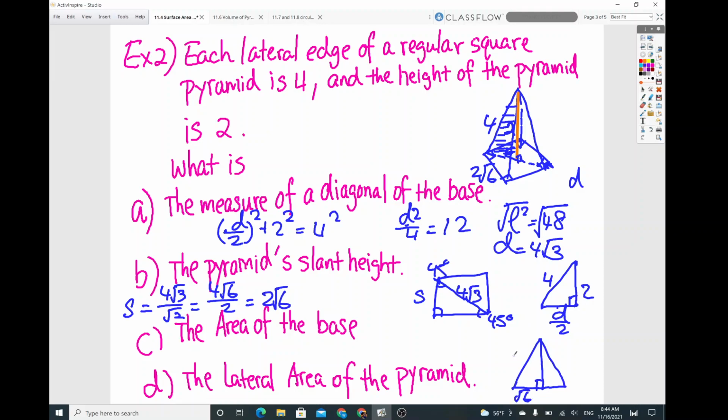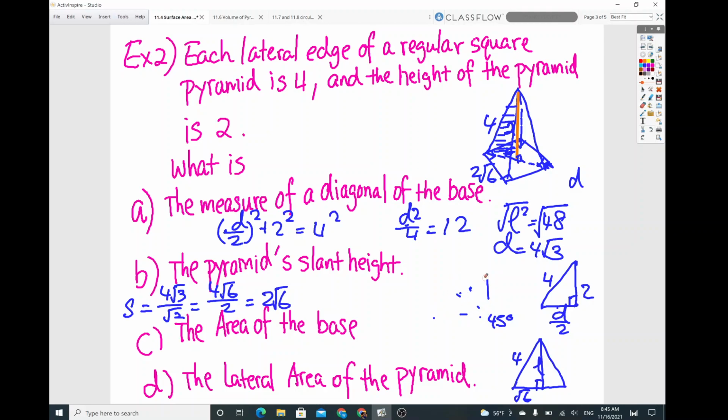And then this side length here is 4. Using the Pythagorean theorem, we can figure out the slant height. Let's say it's L. Be careful with that.